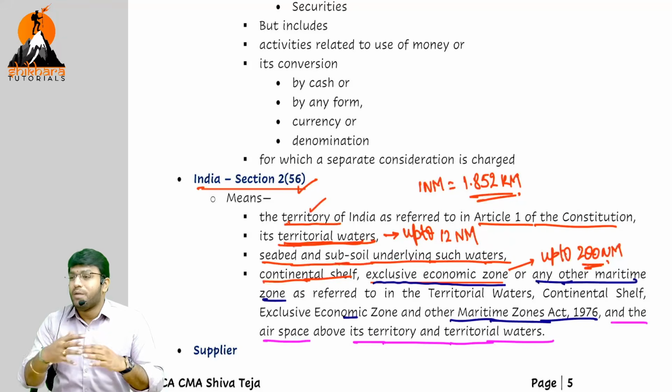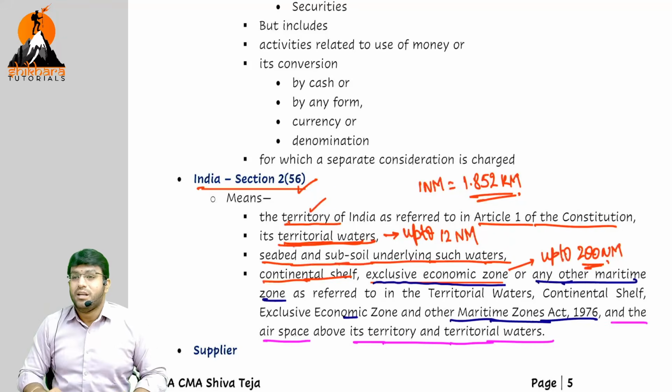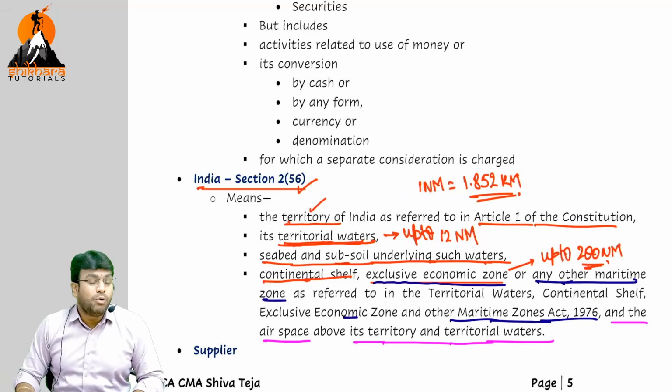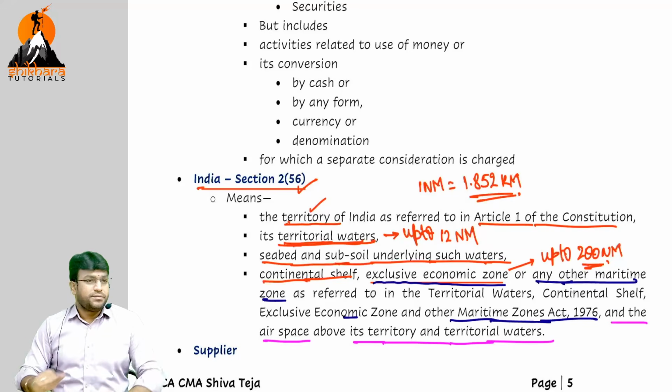That sea area is called marine area. You would have heard this word, marine, or any other maritime zone. And this is the last point: airspace above territory and territorial waters.